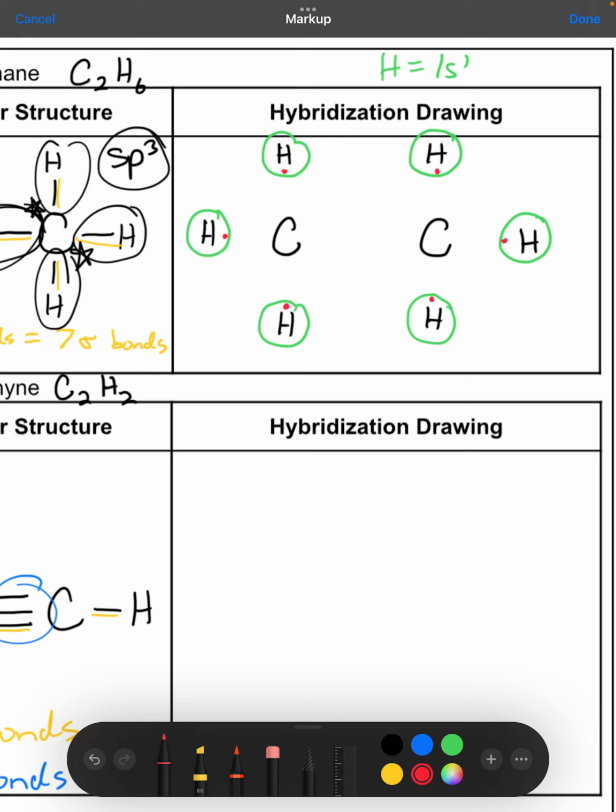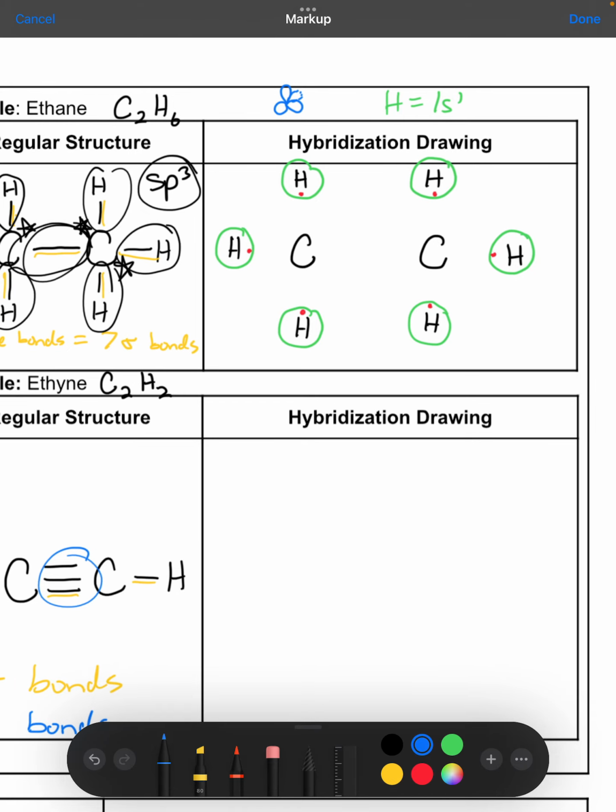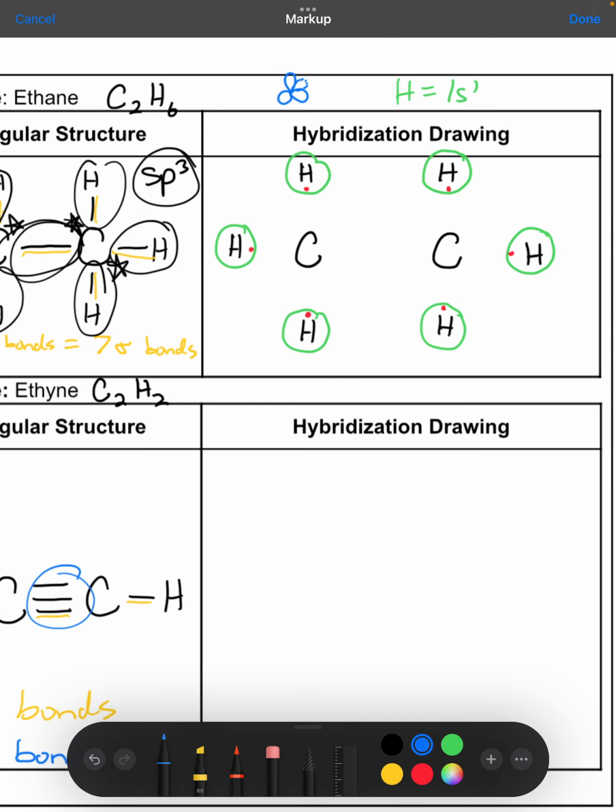All right, now we got to talk about carbon. Carbon, we agreed that they were both sp3 hybridized because they are bonded to 4 things, okay? So if you recall from the other video, when carbon is sp3 hybridized, it has that little group of 4 hybridized orbital spaces. All right, and those orbital spaces, since we agreed that this was sigma bonds, are literally going to reach out towards the hydrogens and the other carbons.